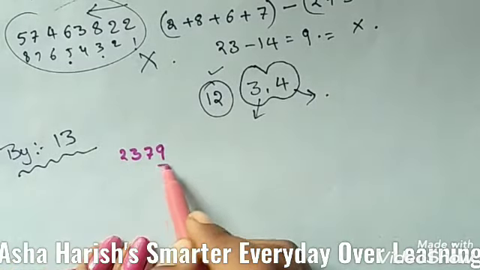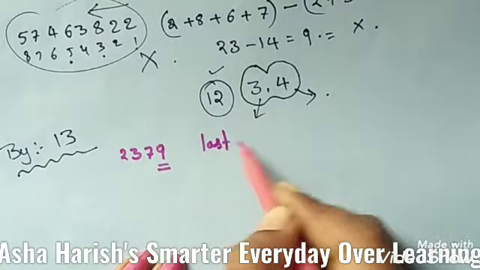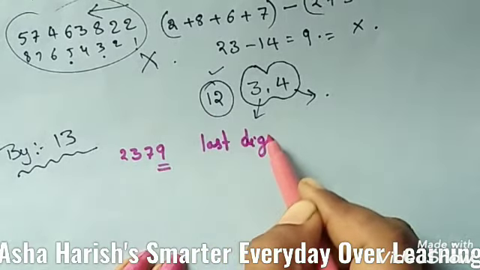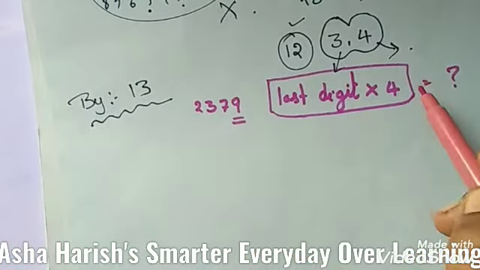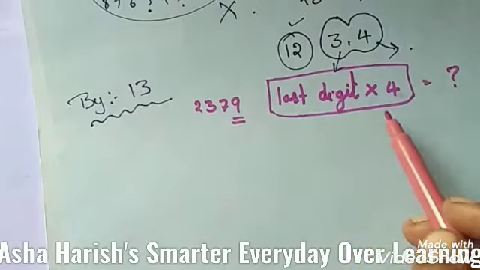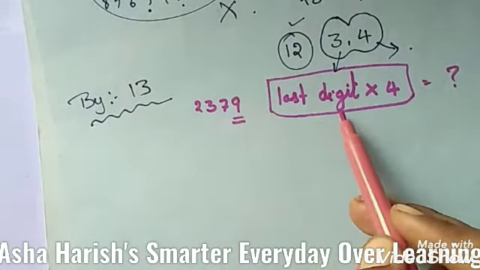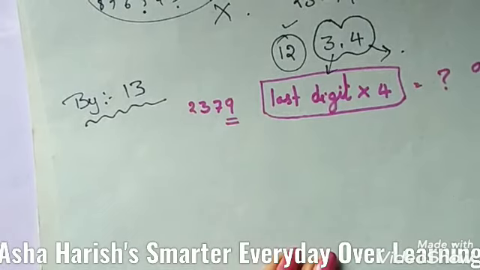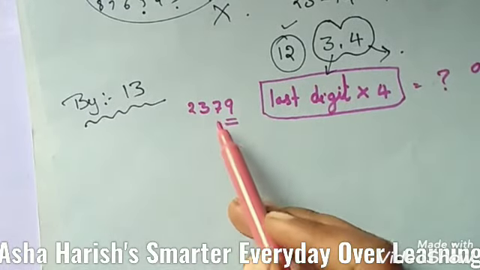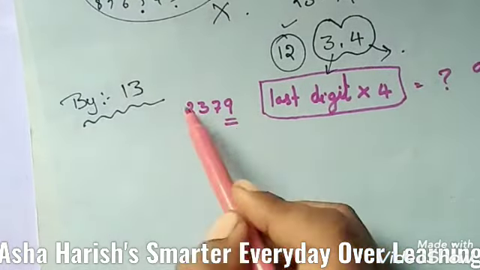So here the last digit is 9, and students, this last digit, that unit digit, multiplied by 4. Some number you may get, and this number is added to the remaining number of this entire one, which you have to find out. Here the remaining number means 237.